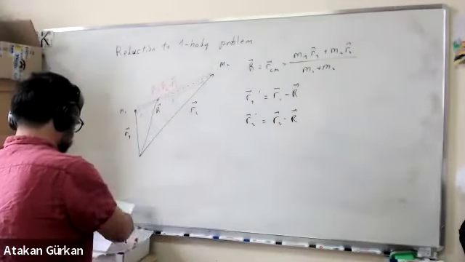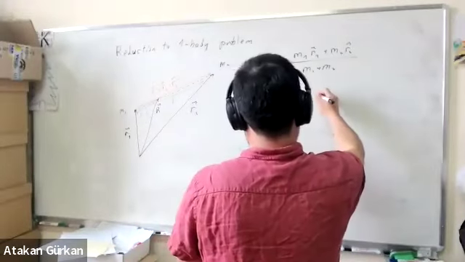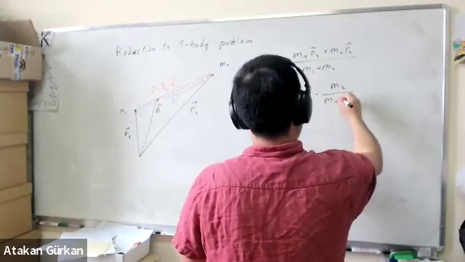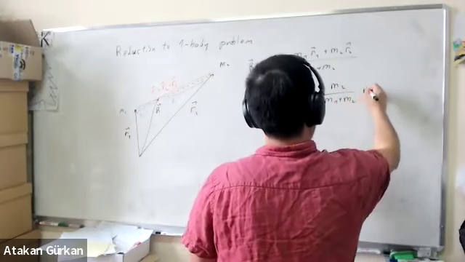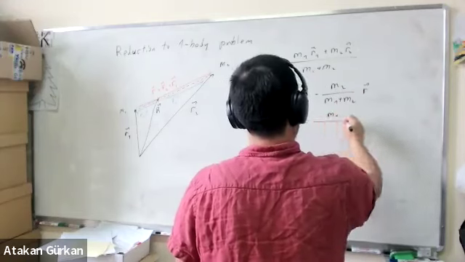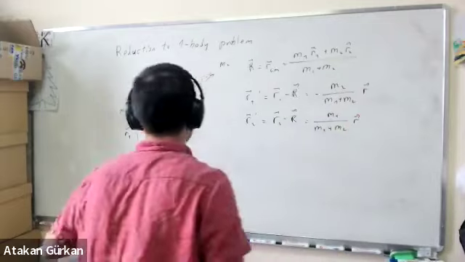So R1 prime is going to be minus M2 over M1 plus M2 times R, and R2 prime is going to be M1 over M1 plus M2 times R. Let's see if this makes sense.